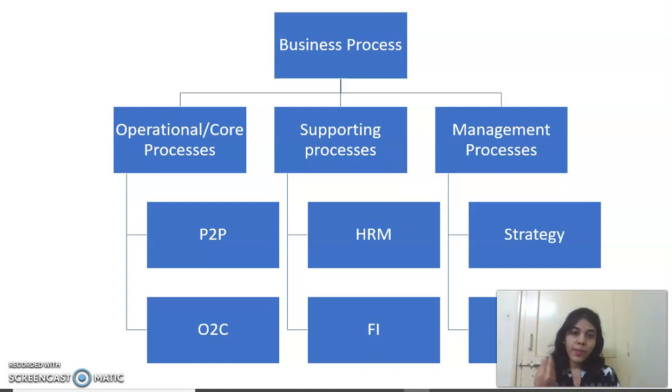Post that, post manufacturing, I will have to sell the product, I will have to receive cash from customers. So, procurement to pay, order to cash, these become my core business processes. This is why I set up my company in order to accomplish these. So, these are the operational or the core business processes.